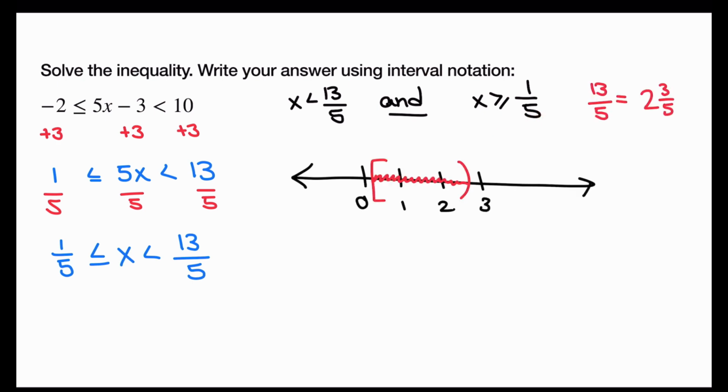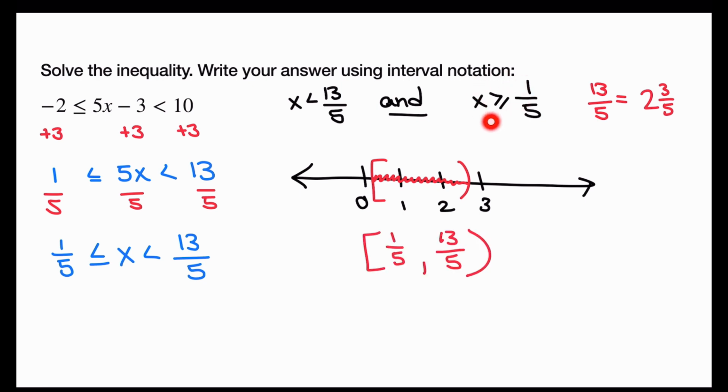So on the number line, my solution is everything that is bigger than 1/5 but smaller than 13/5, which is 2 3/5, so I just kind of estimated where that was. So everything bigger than 1/5 and smaller than 2 3/5.